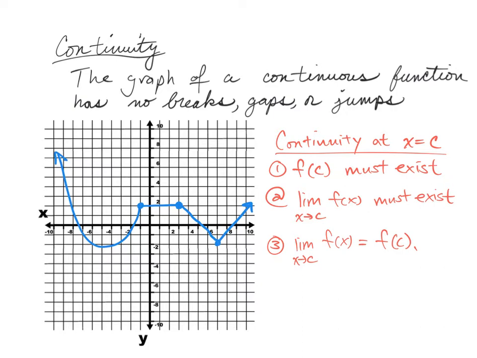The second thing that must happen is that the limit as x approaches c of f of x must exist. The last thing that needs to happen is that when you take the limit as x approaches c of f of x, it must be the same thing as if you evaluate the function at c. And we will generalize this a little bit on the next slide.